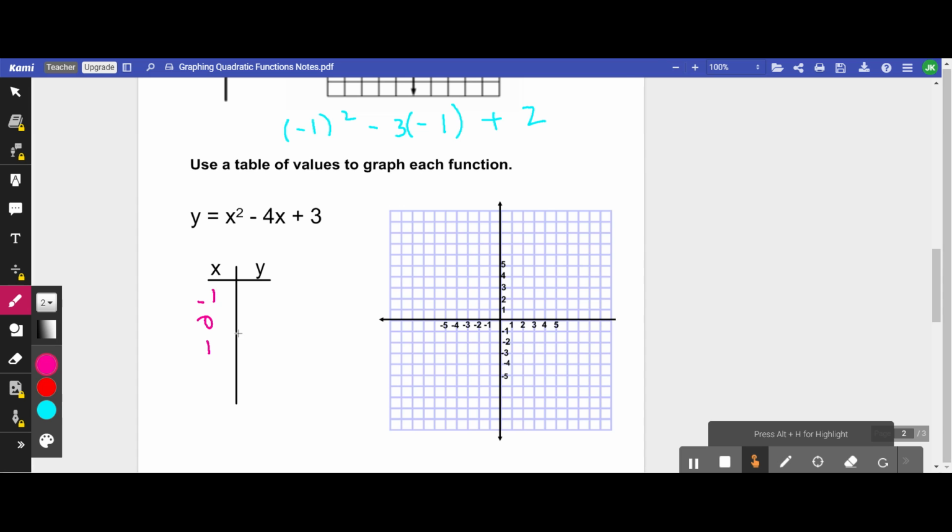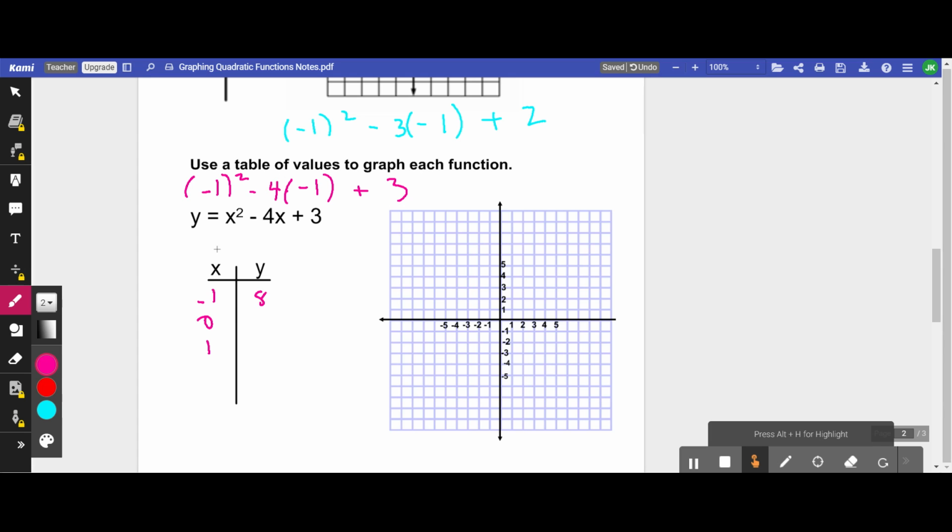And so you can sub your -1 in first. Just make sure, because it's a negative you're squaring, you'll put it in parentheses. So you can square the -1, so you'll get 1 there. And then if you multiply those, you get -4. So 1 minus -4 would be 5, and then 5 plus 3 would be 8 then.